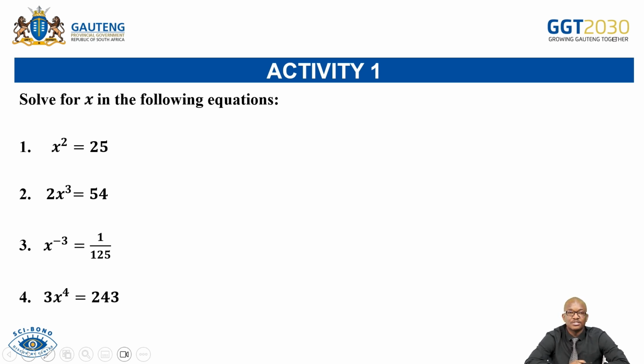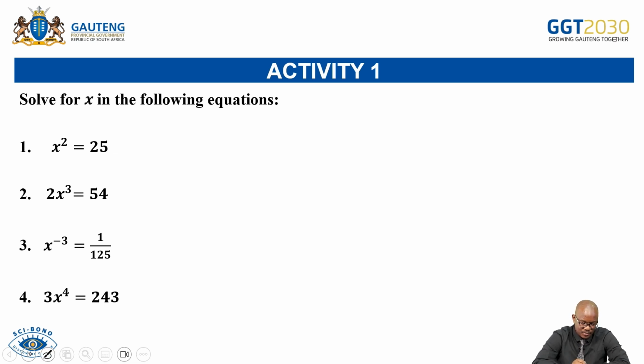The question states, solve for x in the following equations. We have 4 equations there, and we need to solve for x. It means basically we must make x the subject of the formula.